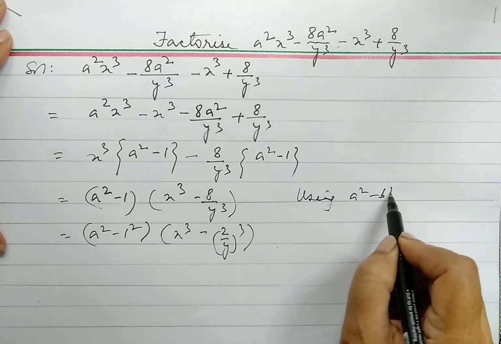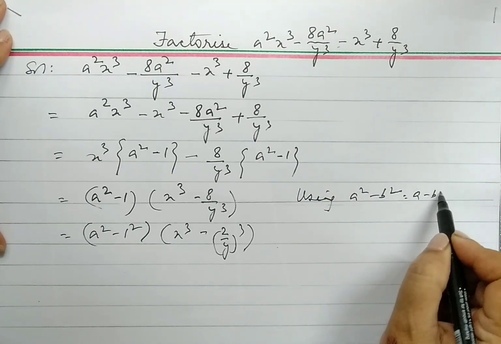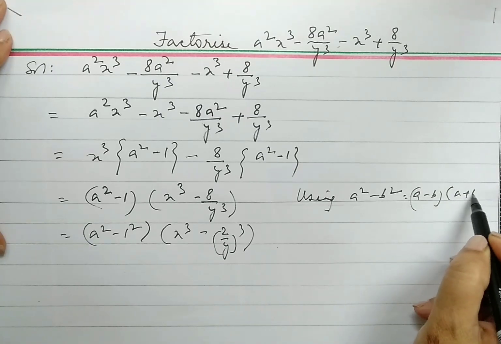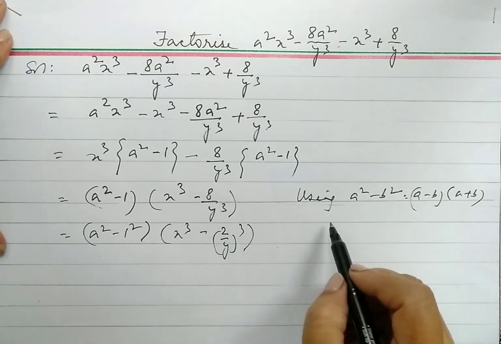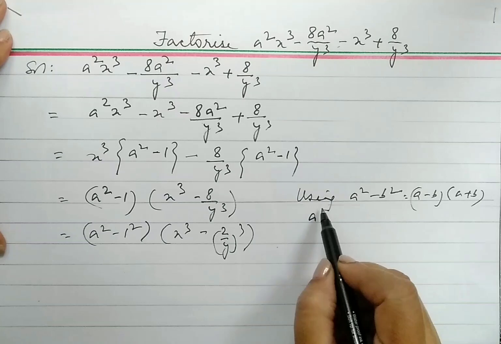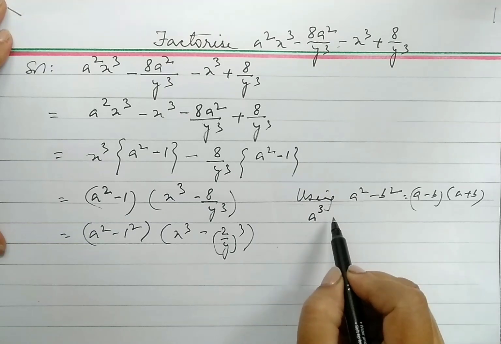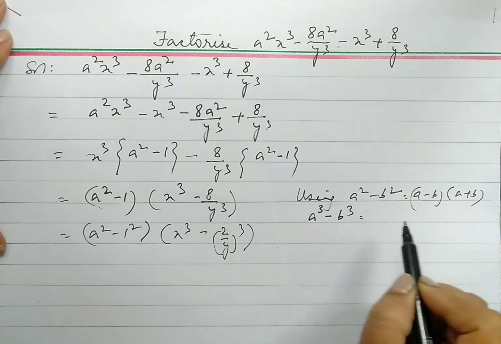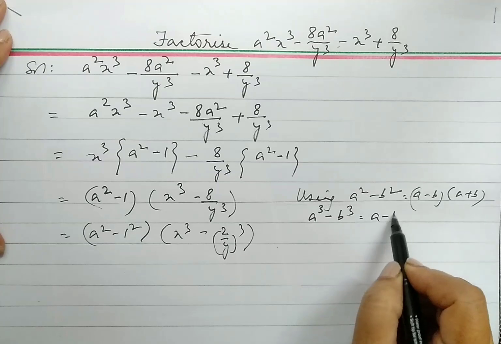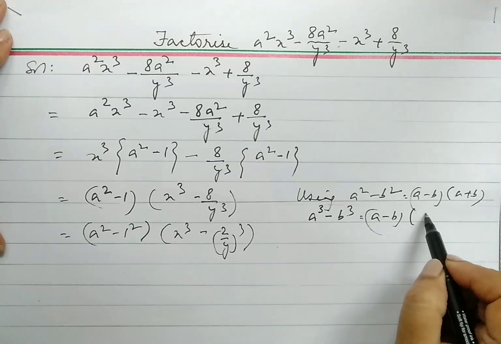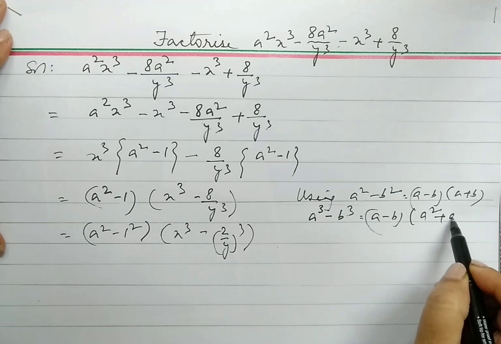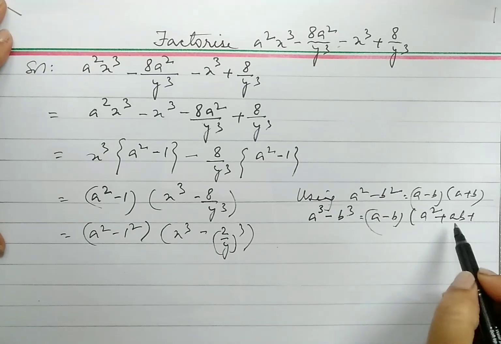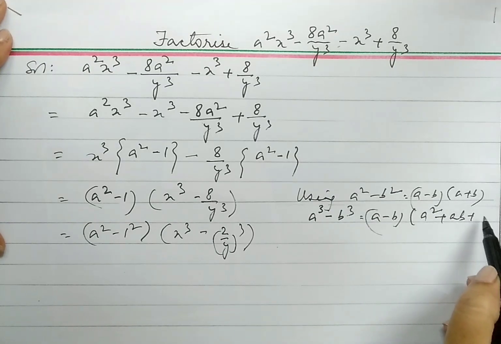A square minus b square, which is equal to a minus b and a plus b. I am using the cube formula, okay? A cube minus b cube is equal to what? A minus b, and since there will be a minus over here, remember guys, you have to have all the signs inside the second factor as pluses.